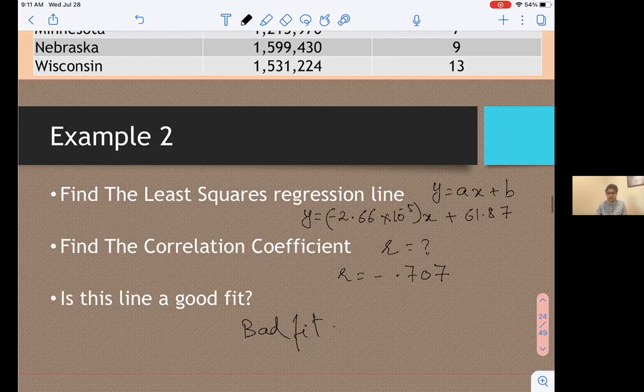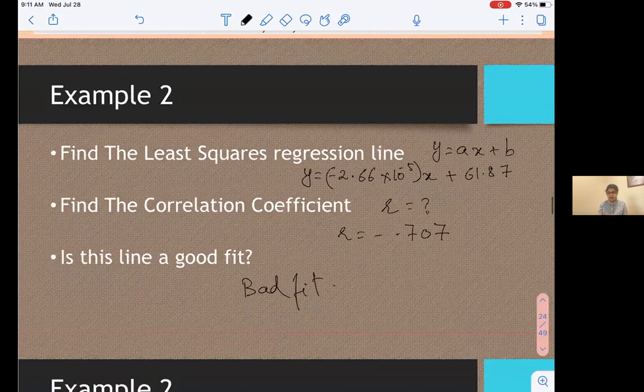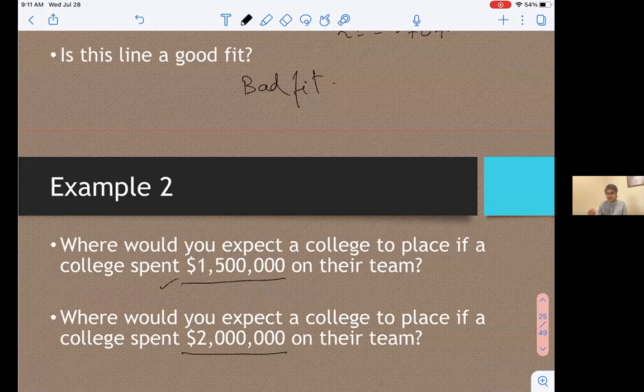But in your question, if it is mentioned that you estimate what could be the expected value, or what you would expect a college to place if a college spent this amount of money on their team, then go ahead and do it.